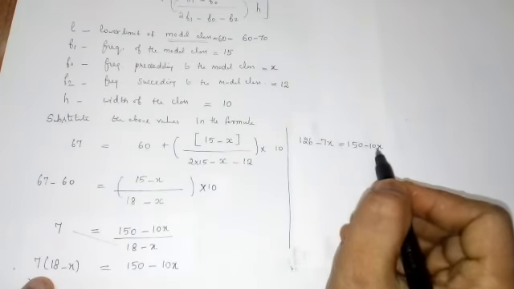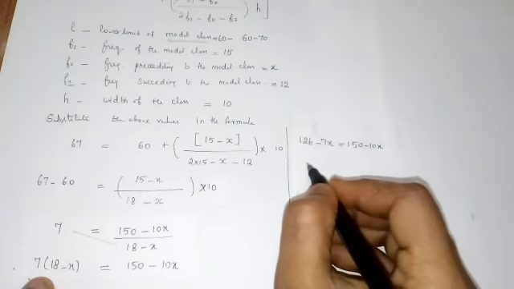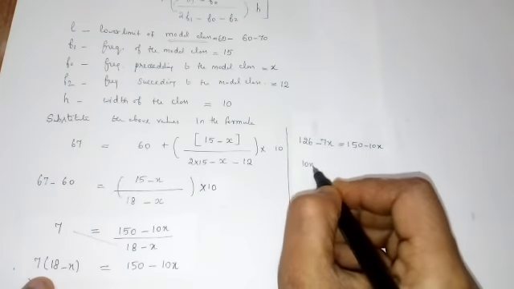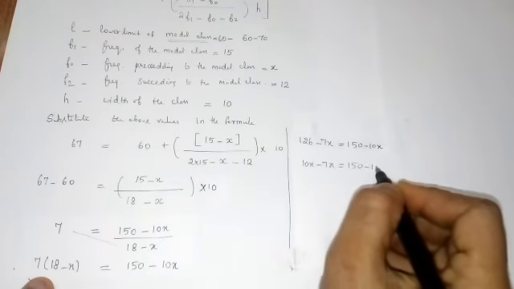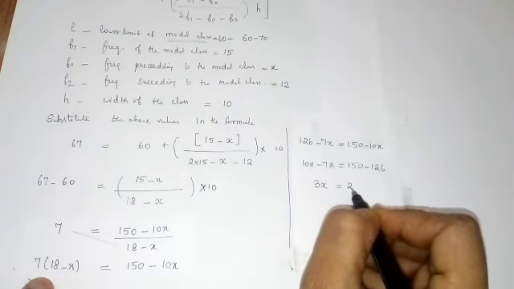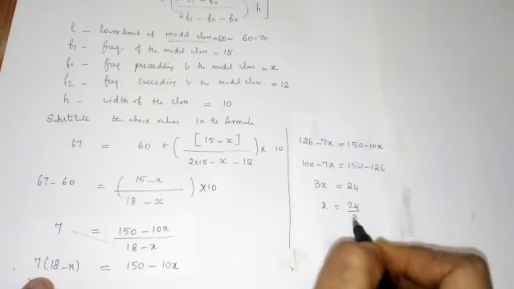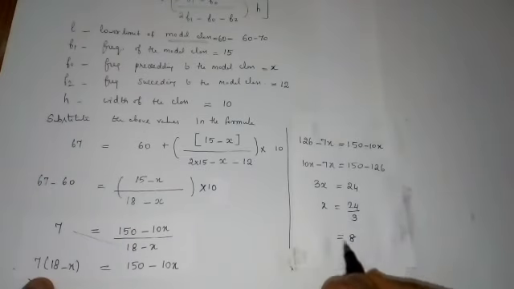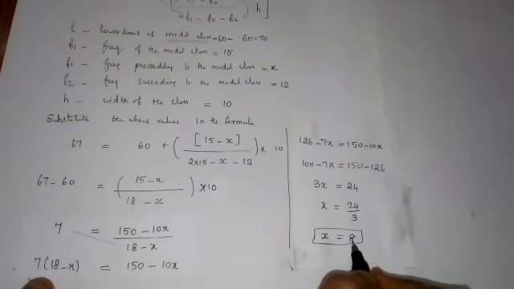You take x to the left side and 126 to the right side. So 10x minus 7x is equal to 150 minus 126. This is 3x equal to 24. So x is equal to 24 divided by 3, which is equal to 8. So the missing frequency x value is 8.